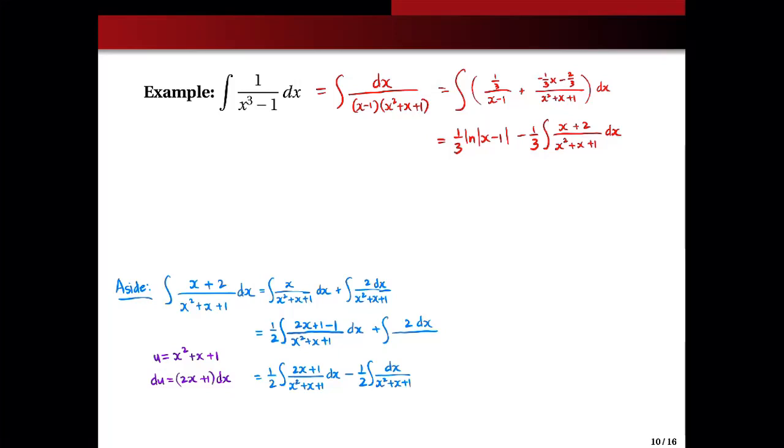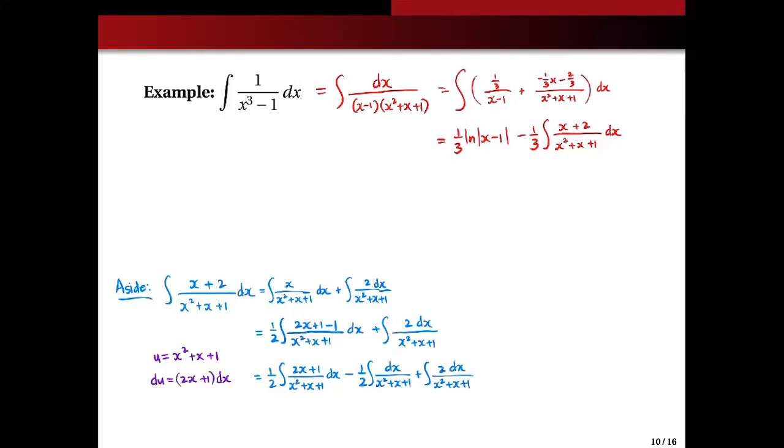So this guy here came from this minus 1 times that 1/2. That's why you still have this 1/2 and the minus in here. And then you still have this integral of 2 dx over x squared plus x plus 1.